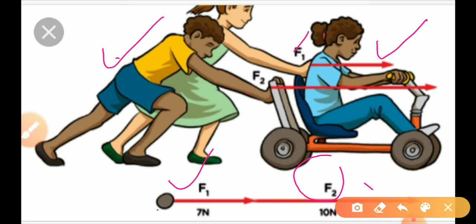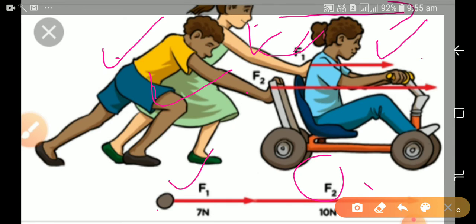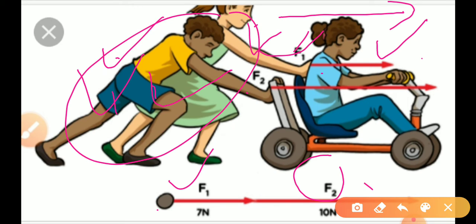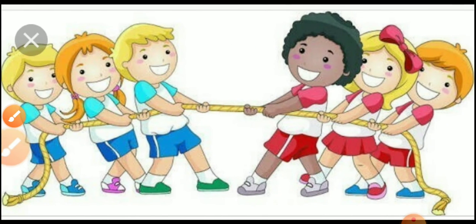This force applied by the girl is F1 and this force applied by this boy is F2. These two forces together cause the cart or bicycle to move in the forward direction. So there is contact between these two children and the cart or the bicycle. That is called contact force.